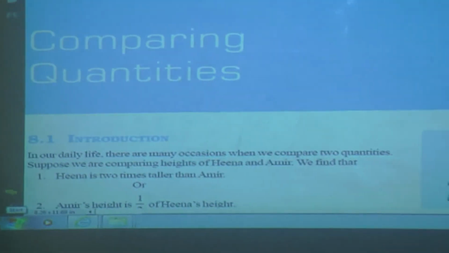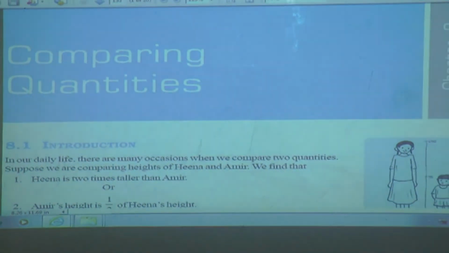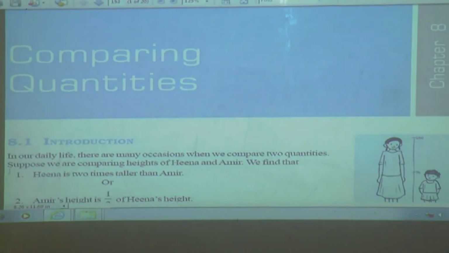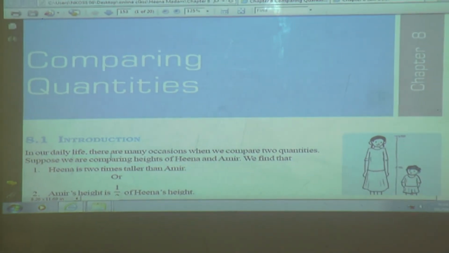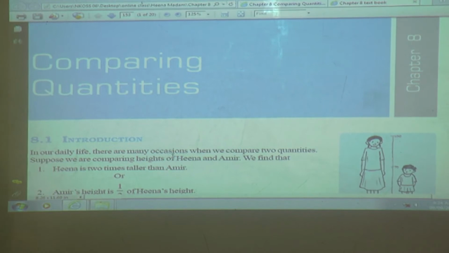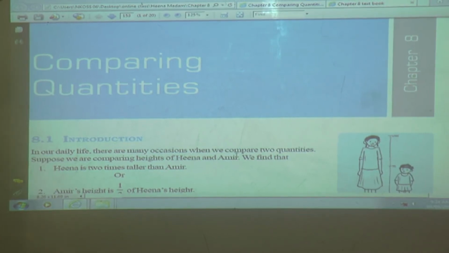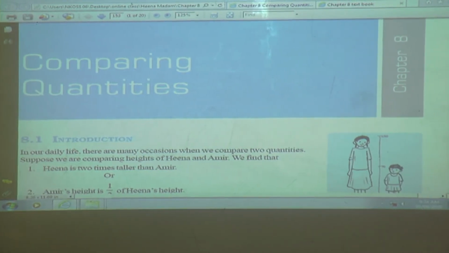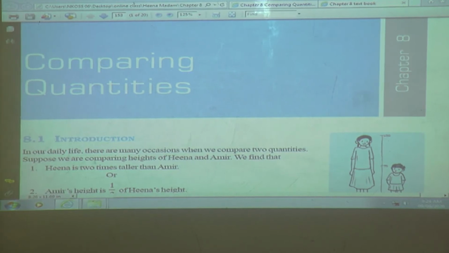You know that the comparing the quantity word itself says where we use it in our daily life. In our daily life, there are many occasions when we compare two quantities. Suppose we are comparing heights of Hina and Amir.